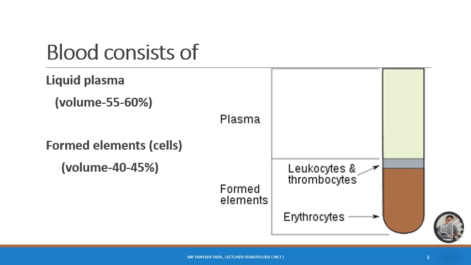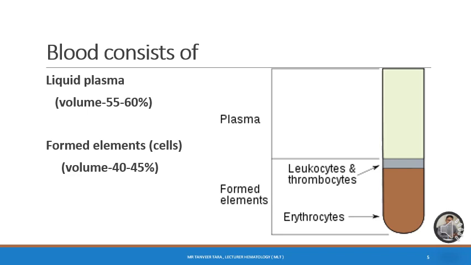So from the previous slide, we came to know that blood basically consists of two main parts. The first part is the liquid part, and that is known as plasma. Its volume is about 55 to 60%, and the rest are formed elements or cellular elements, which are composed of thrombocytes like platelets, erythrocytes that are known as red blood cells, and leukocytes that are known as white blood cells.